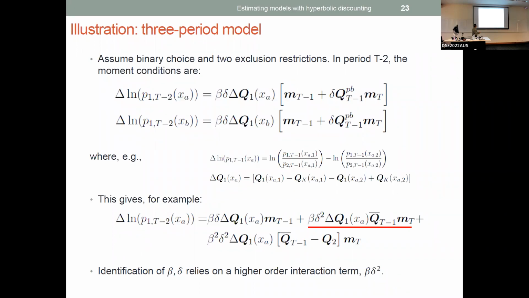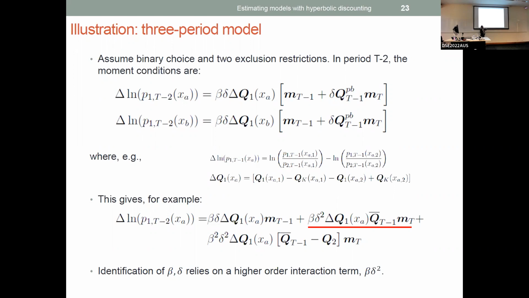With some simplifications, we get this equation, which is conveniently expressed as linear combinations of these multiplicative discounting factors. So we have beta delta, we have beta squared, delta squared.